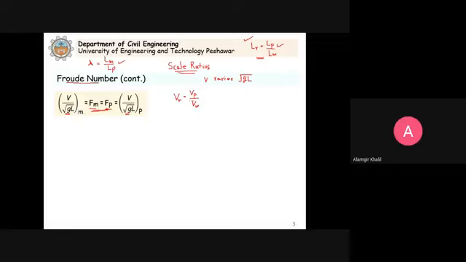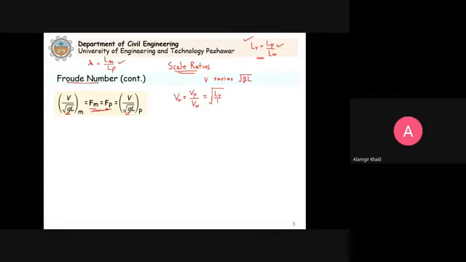Now from here you see that this can be written as the square root of LR divided by 1. This 1 is there because the G cancels out. We are assuming that the G cancels out.